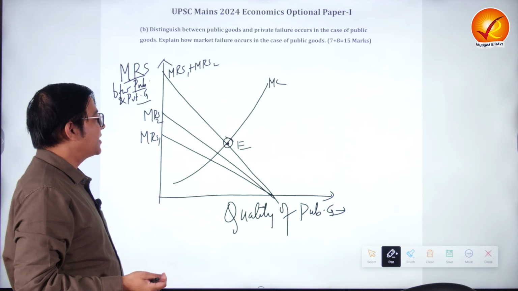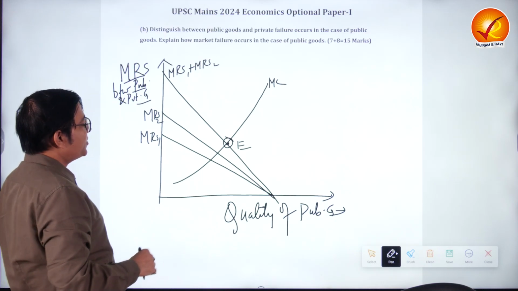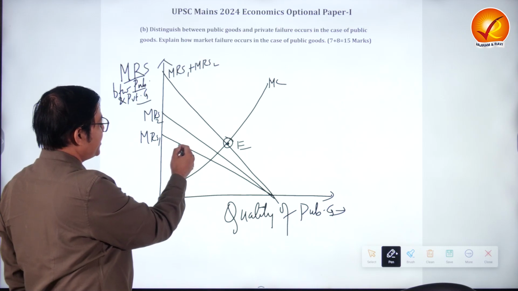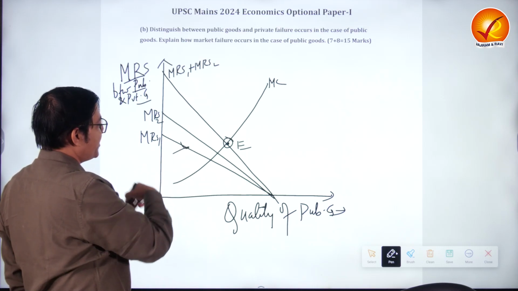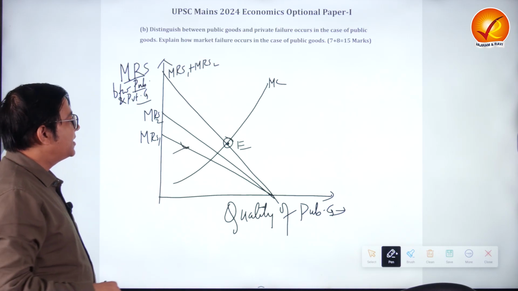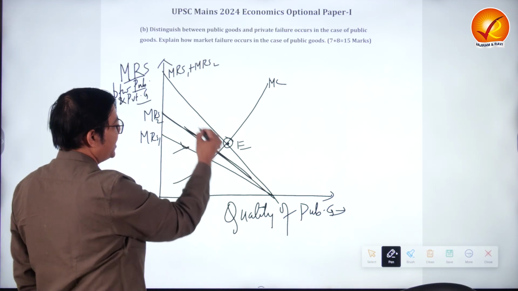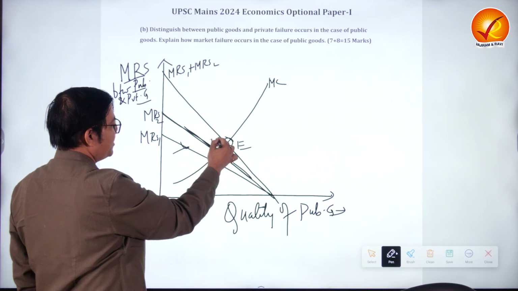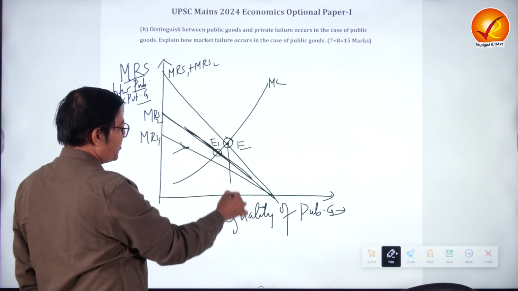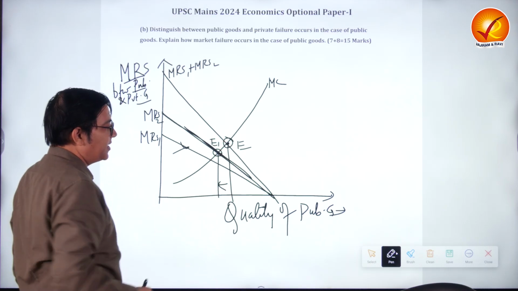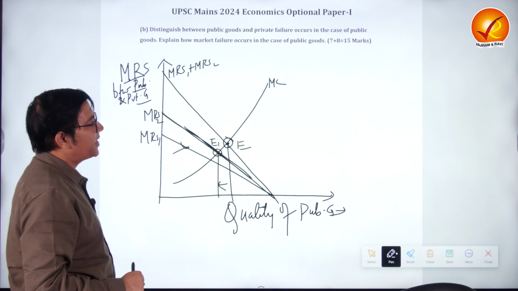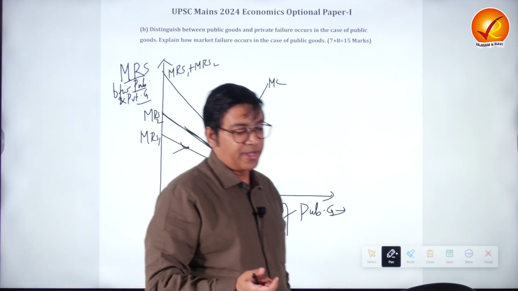Now, what is free riding? Suppose the first person says that this is not my actual MRS. Then what will happen? MRS 2 will be the overall MRS. Hence, equilibrium will be here, say at E1. Hence, the quality of the public good will degrade. A typical case of market failure comes in that manner.